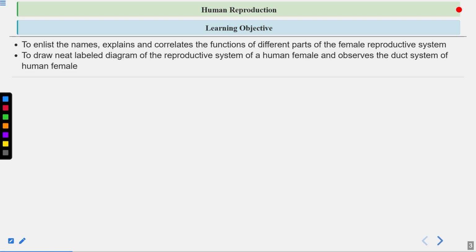Then, with the help of a neat labeled diagram of the female reproductive system, we will again understand the various parts. We'll also talk about the duct system of the human female.